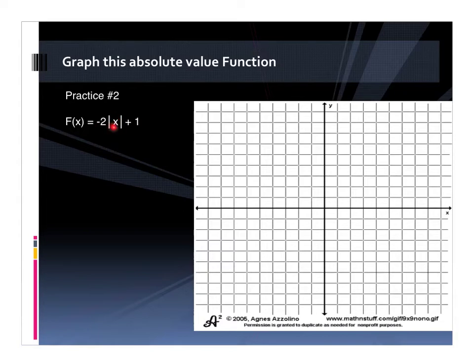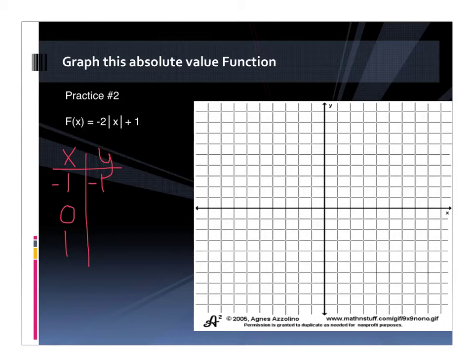But once again, since I just have x inside the absolute value, my t-chart value in the middle can be 0. And I'll have negative 1 and positive 1 here. When I plug in negative 1 for x, I get positive 1 when I take the absolute value. Positive 1 times negative 2 is negative 2. Negative 2 plus 1 is negative 1.